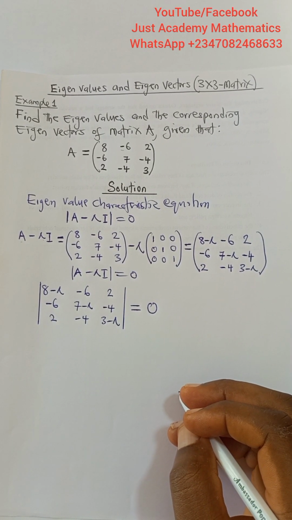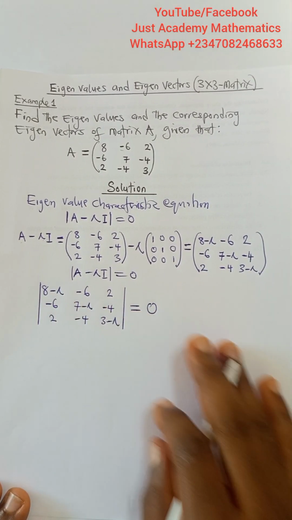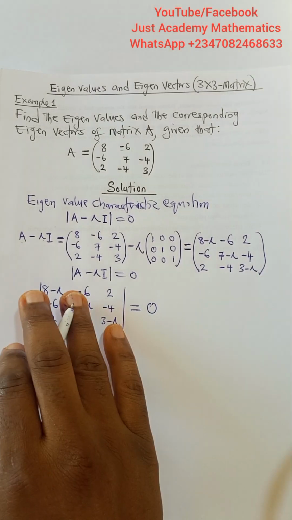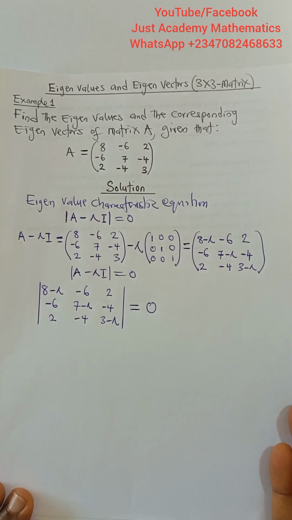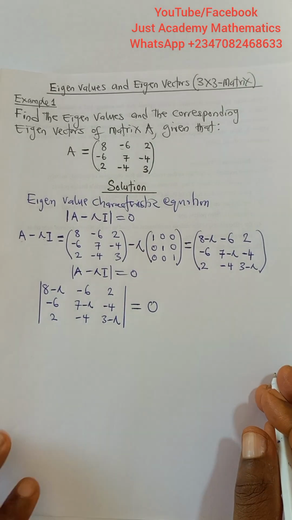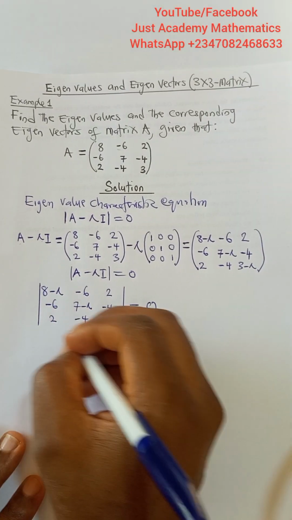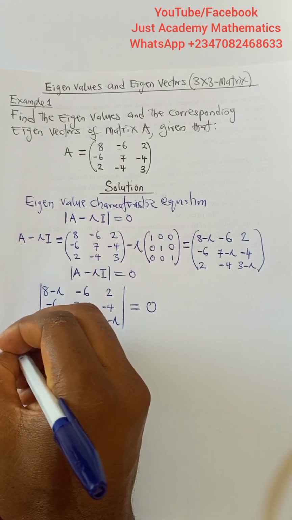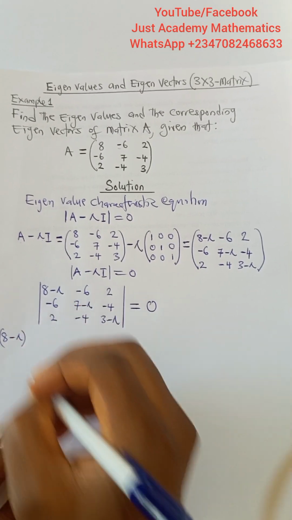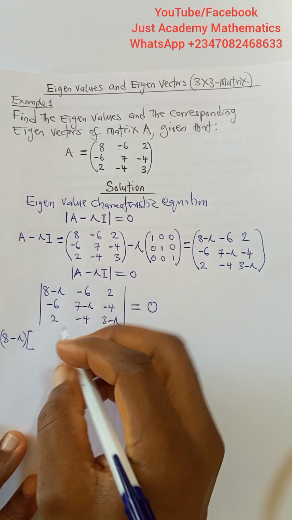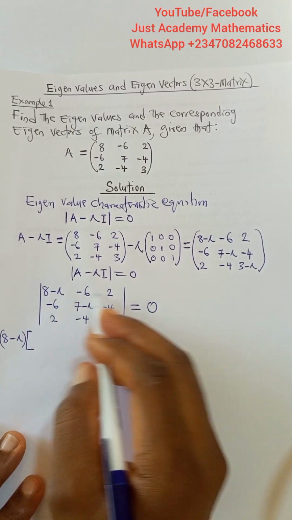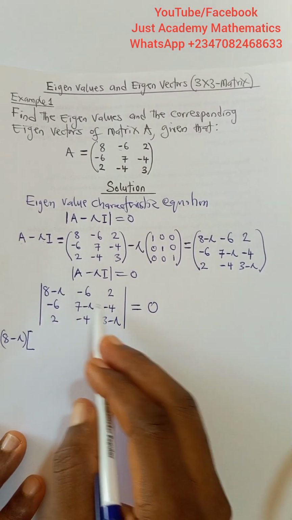Okay, so this is now a 3 by 3 determinant. We'll go and get the determinant of this. Of course, you know the procedure; we've done that before. We start with the first one, which is 8 minus lambda times, if you pick 8 minus lambda, this row and column go, and you are left with the determinant of this.